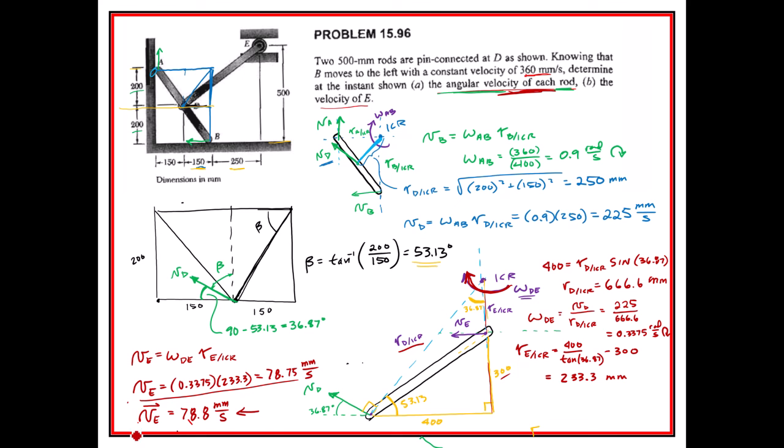Boom. So that's part B, and part A is partially here and partially right here. We really should write that out again. So that's example 3.